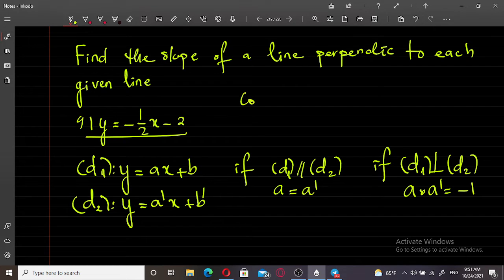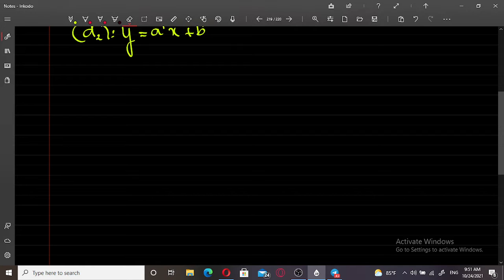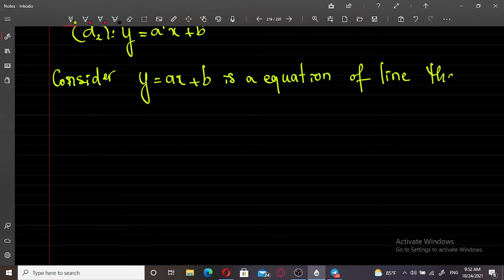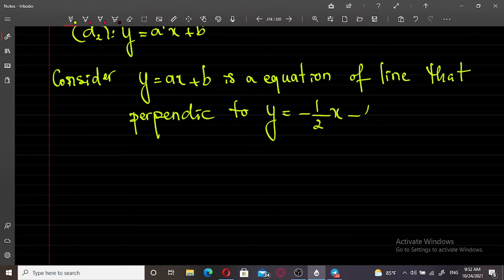We can consider d1, y equal to ax plus b, as the equation of a line that is perpendicular to y equal to negative 1 over 2x minus 1.